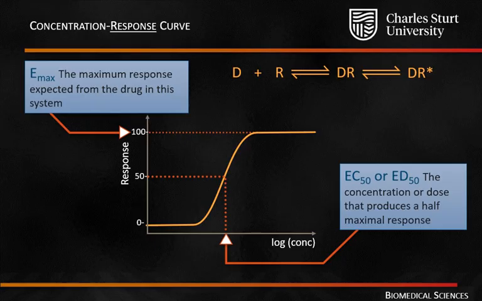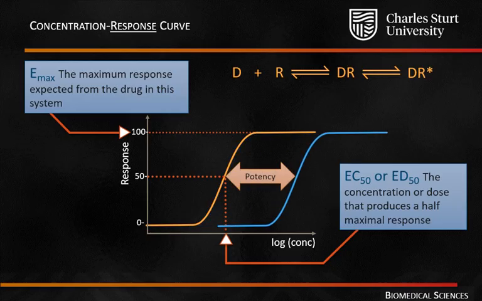And we can use these features again to compare drugs to each other. So if we're looking at the term potency, like the KD, what we're looking at is that if the effective concentration at 50% is small or low, then it's a more potent drug than a drug which has a higher EC50.